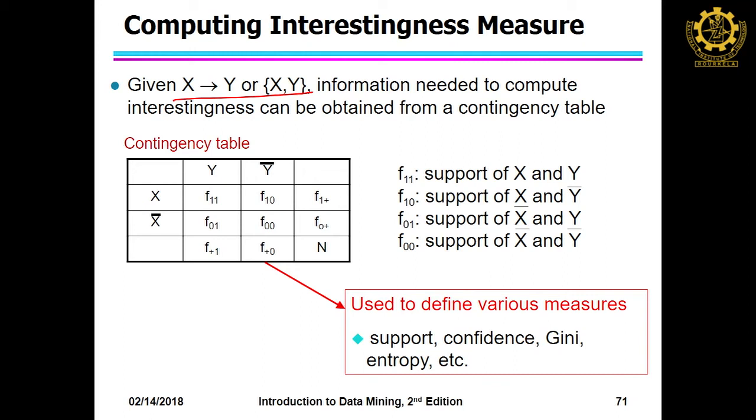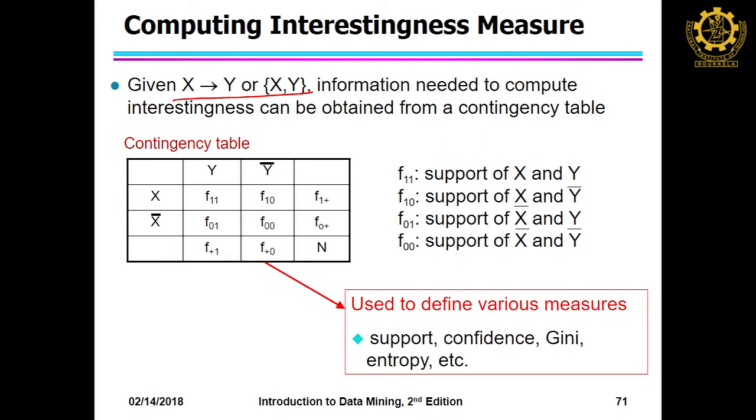Whenever x occurs, y will very likely occur. We need to find this rule's interestingness, that is, how much this rule will help, let us say, in marketing or any other purpose. Therefore, we have to find the contingency table.